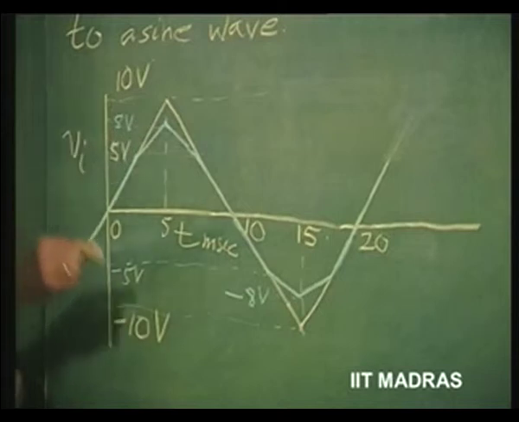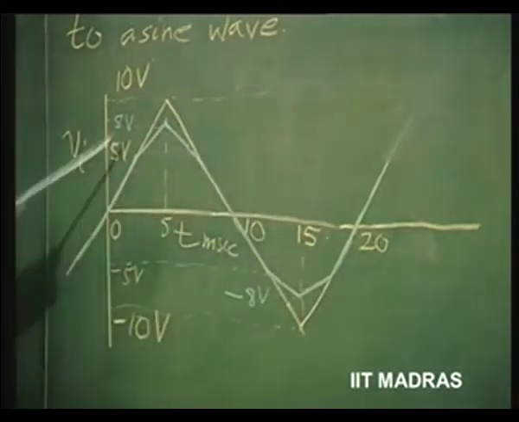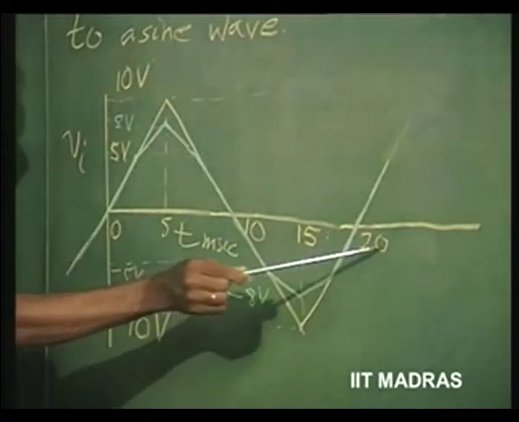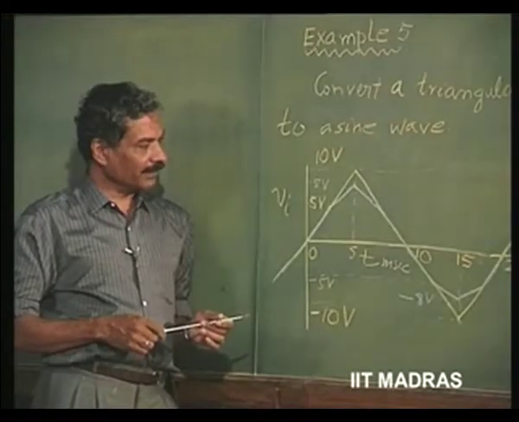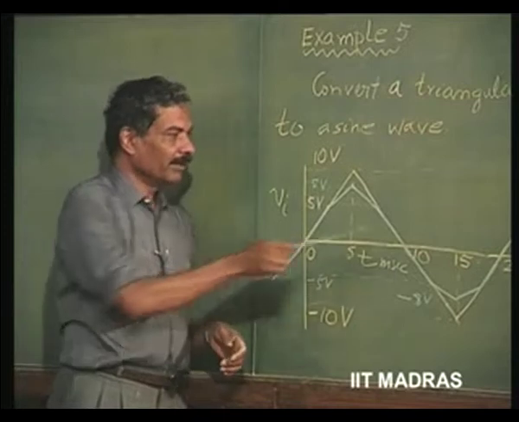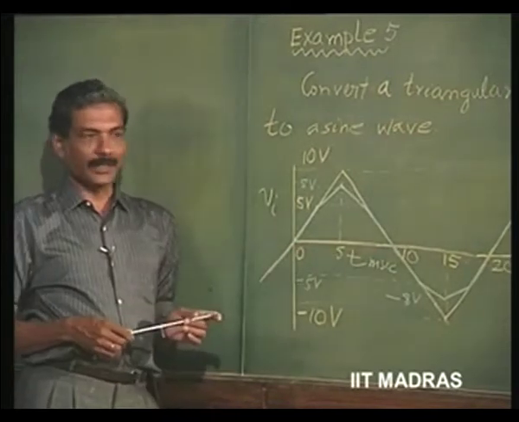This is a triangle, periodic triangular waveform with the time period of 20 milliseconds. 20 milliseconds means, in terms of frequency, it will be 50 hertz. So, typically our power line frequency waveform, if you find out the time period, it is going to be 20 milliseconds.